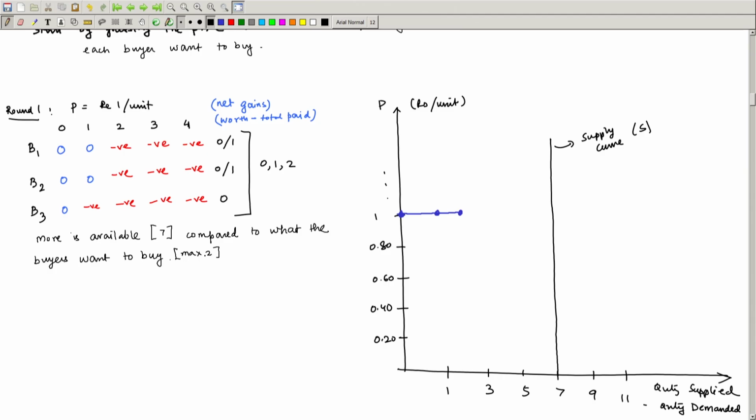So, clearly there is a mismatch between what people want to buy at most and what is available. That means that a price of 1 rupee per unit cannot be the price which brings what the buyers want to buy and what the sellers want to sell into what we call an equilibrium state. So, this means that the price must fall. This is the main takeaway that we have from round 1.